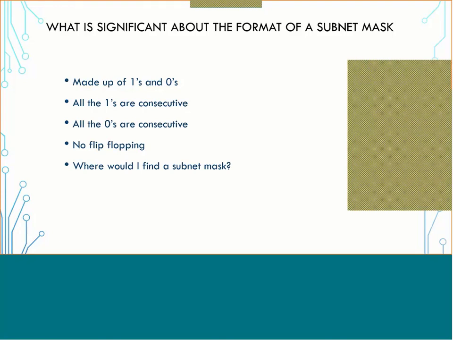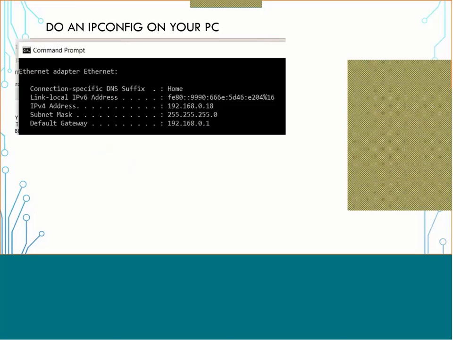If I set up an IP address on my switch, it needs to know what the subnet mask is. So on my IP config, here's my IPv4 address and here's my subnet mask.